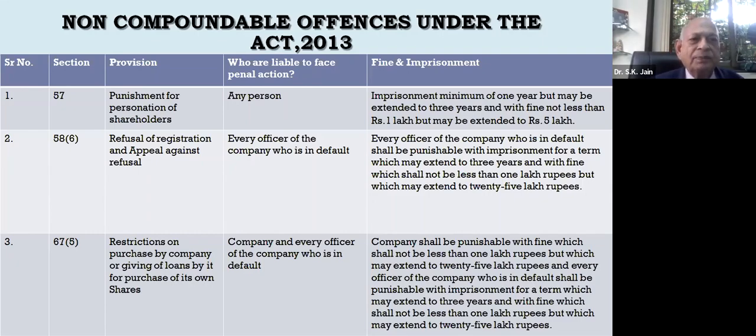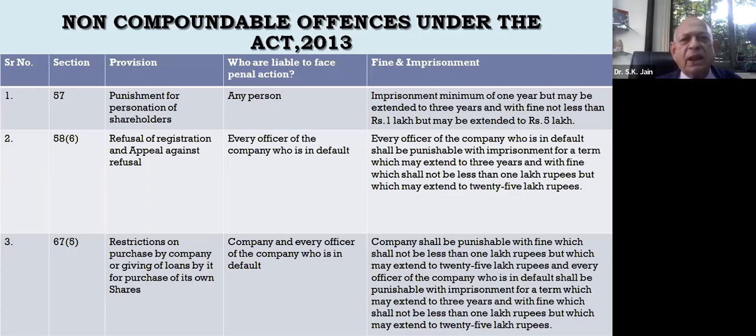Now, supposing some public issue is there, an IPO is there. Now somebody impersonates any other person, then such an application is to be treated as a fictitious application. So there is punishment for personation of any other person.